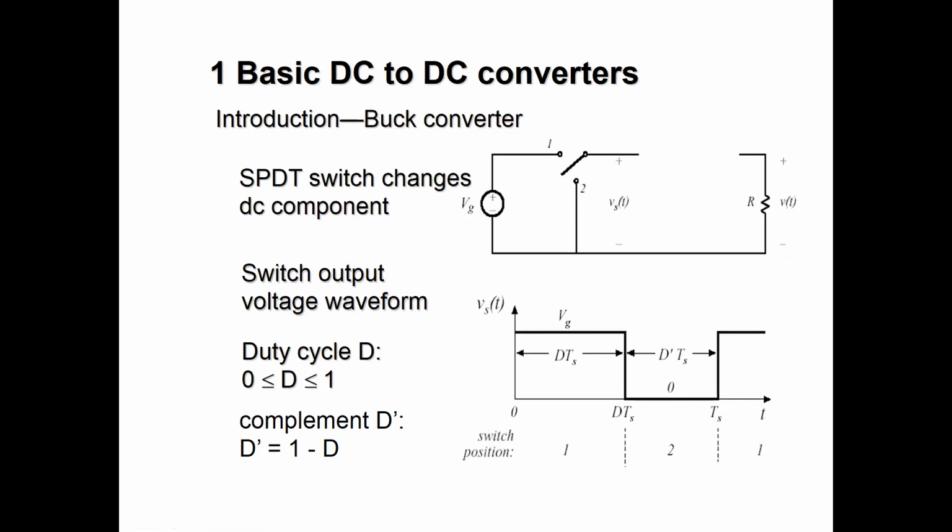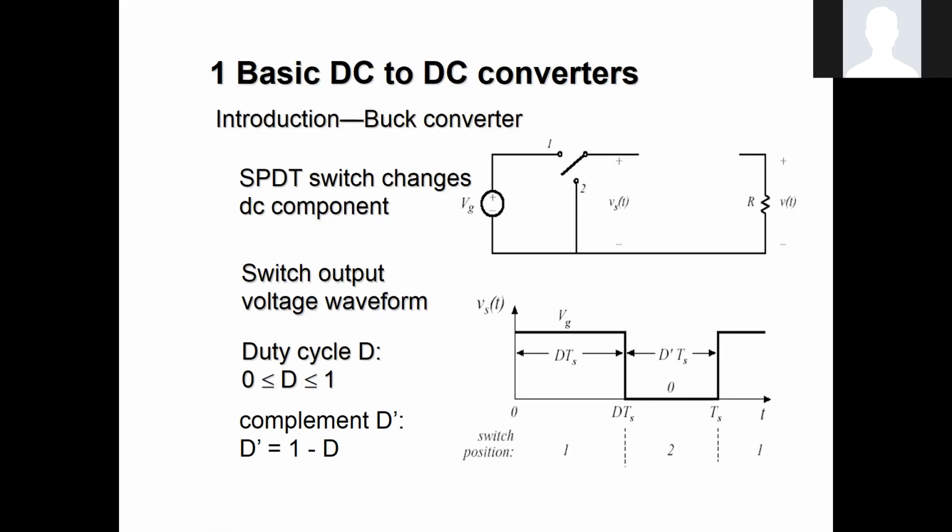So that was the case in the first lecture, and it is a simple step down converter. This is the basic step down converter, in which a single pole double throw switch is used. The switch can connect to position 1 and position 2 depending upon the requirement of the load side.